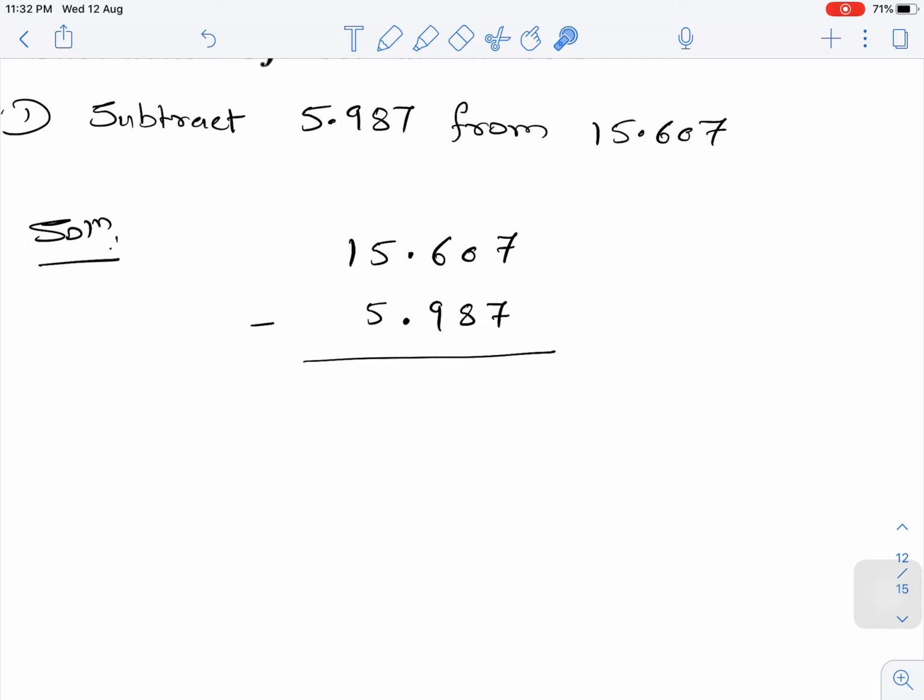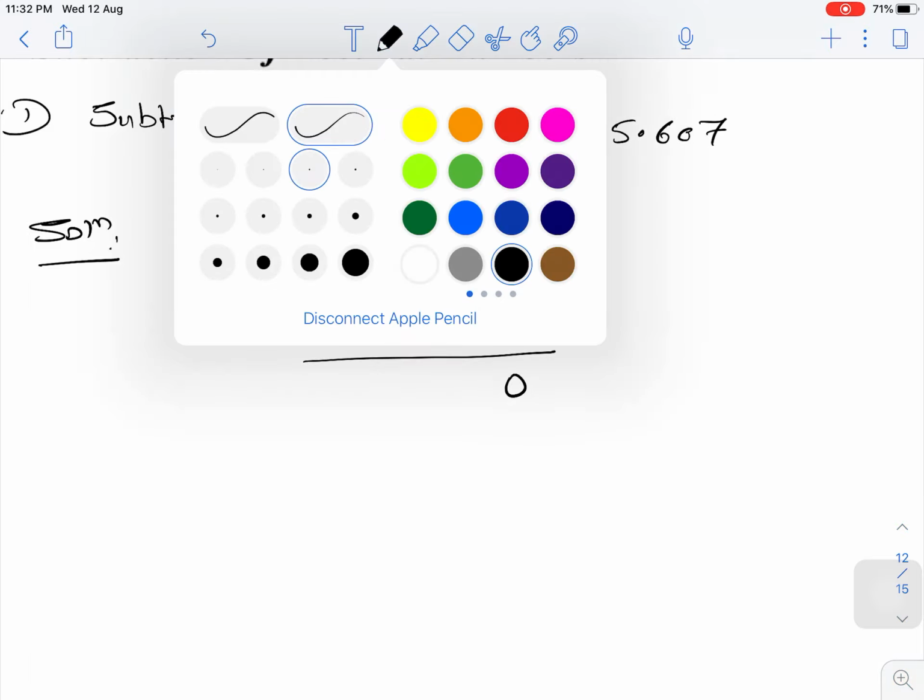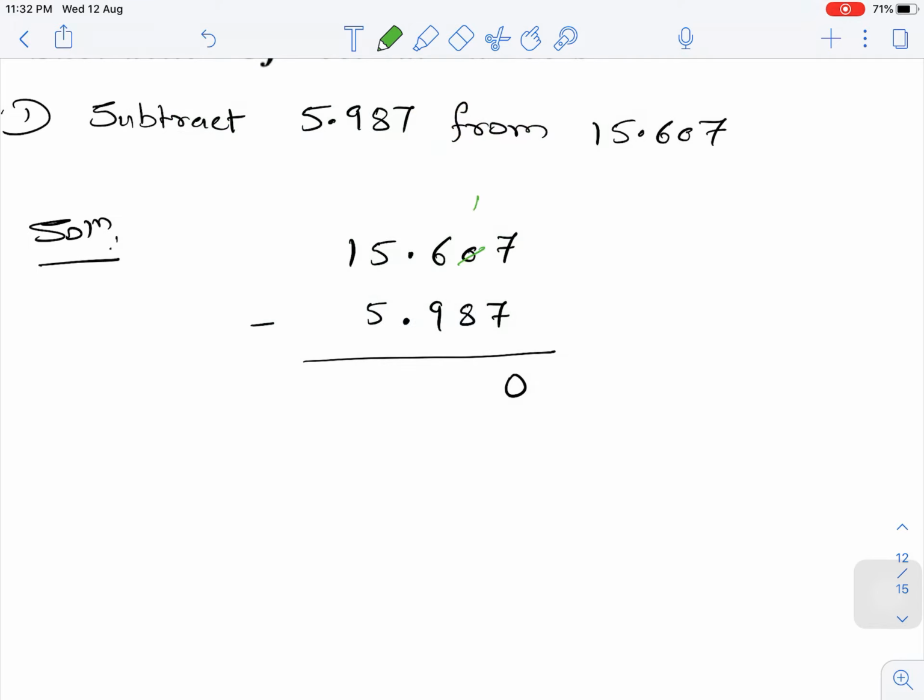Again the same condition: 7 minus 7 is 0. Now 8 we cannot subtract from this 0, so this 0 will become 10 and this 6 will become 5. Why did it become 5? Because we borrowed 1 from this 6 and gave it to this 0. Now 10 minus 8 is 2.